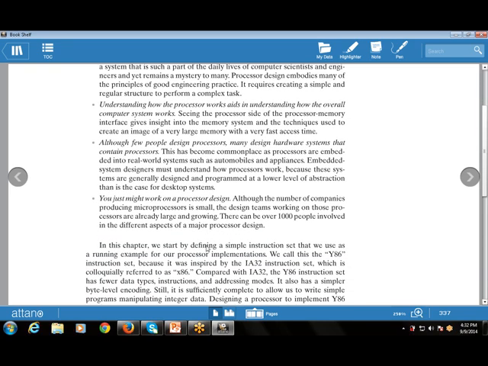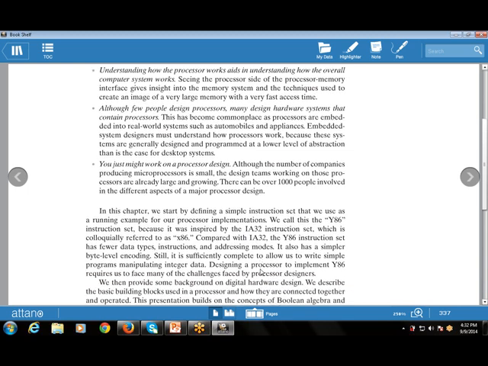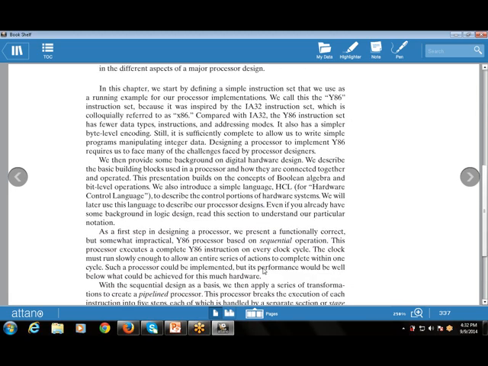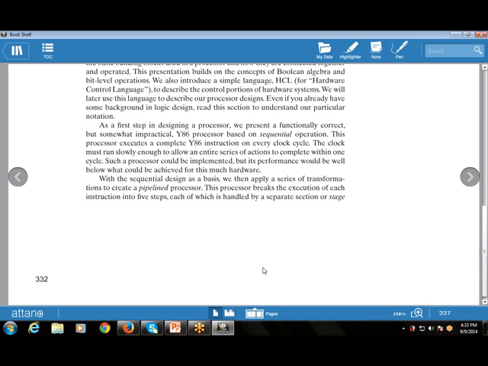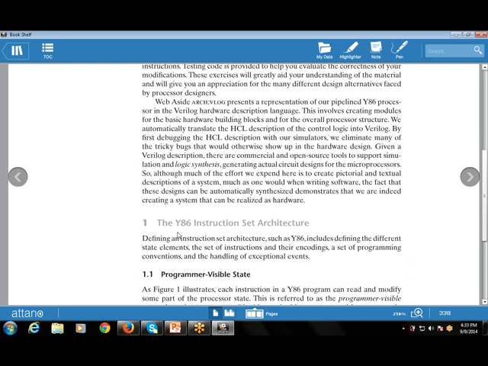In this chapter, we start by defining a simple instruction set, the Y86 instruction set. It was inspired by the IA-32 instruction set. So let's start with the Y86 instruction set architecture.